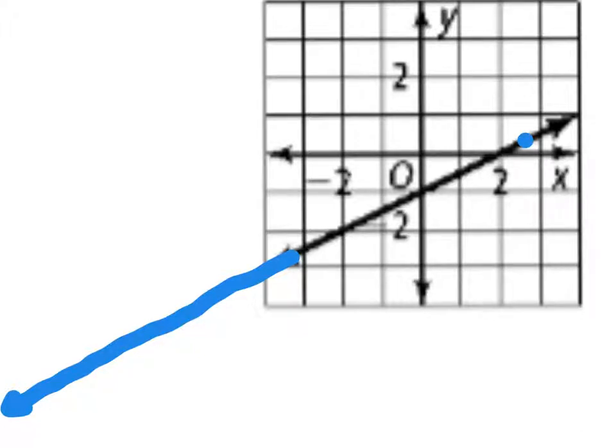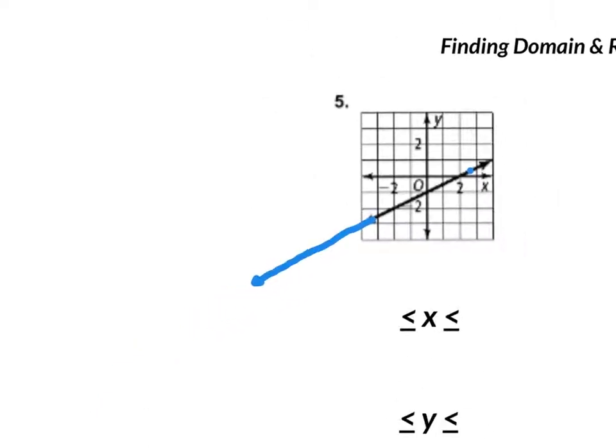Well, it's way, way out there. So what's the smallest number ever? Well, that's what we call negative infinity. So if you have arrows on your graph, a lot of times it's going to be either positive infinity or negative infinity. And I'm going to show you how to write that as we zoom back out.